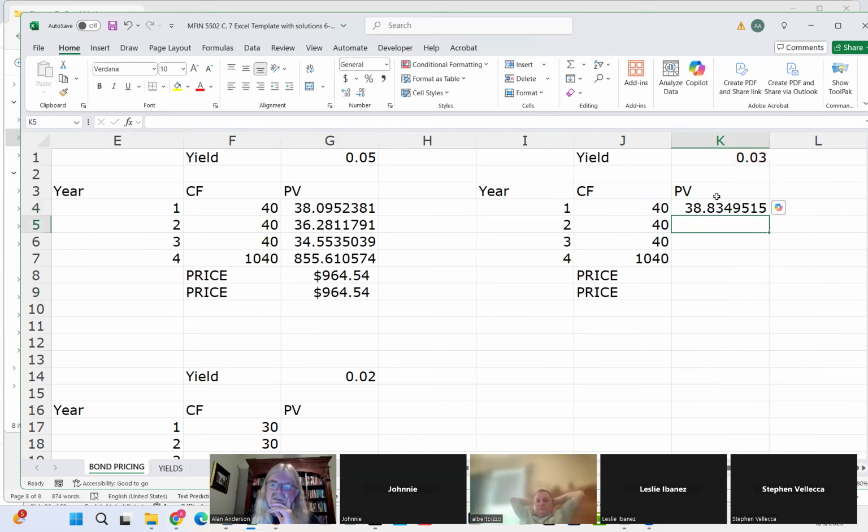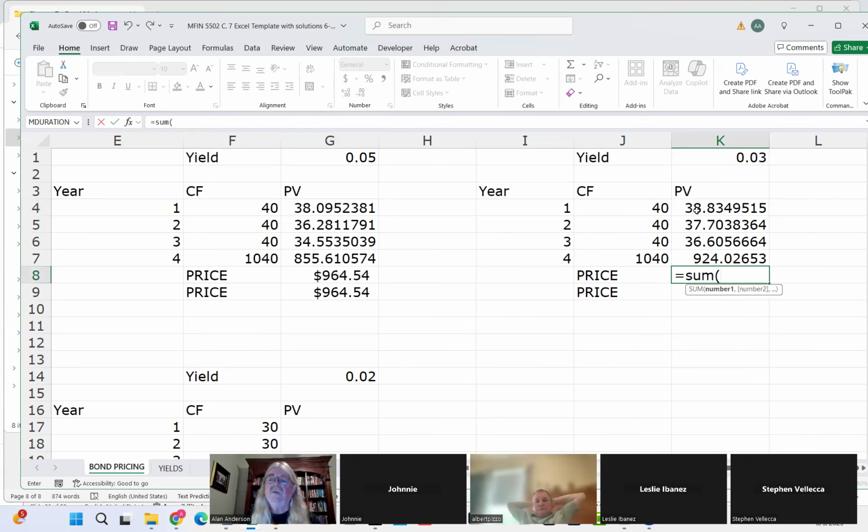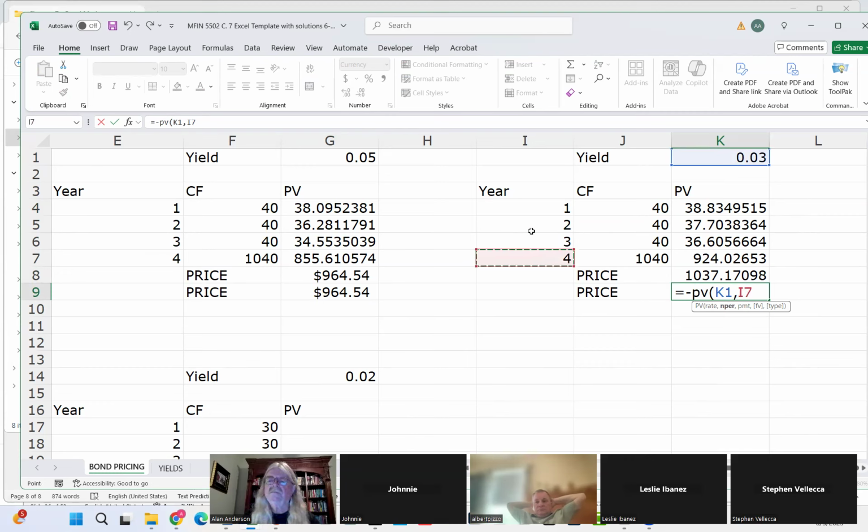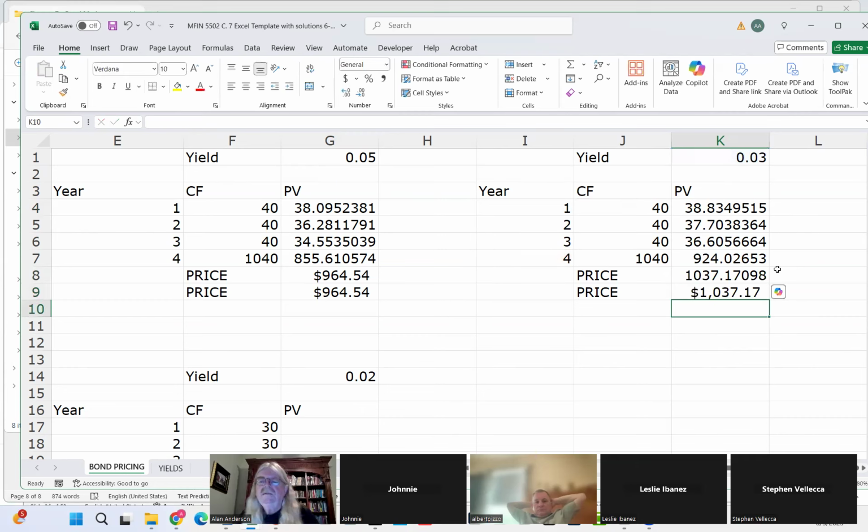Right, so I drag this down, add these up, and we already know that it's going to go up. 1037.17 approximately. The Excel function will look like this. The rate is here. Number of periods, payment, and face value is 1,000. And that's my price.